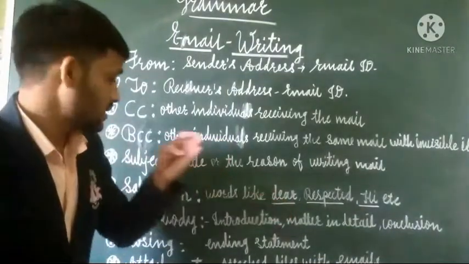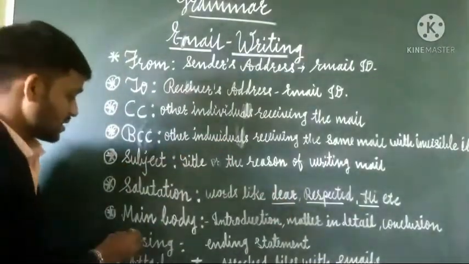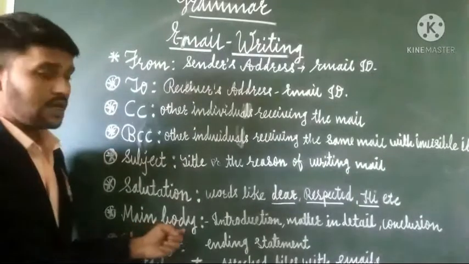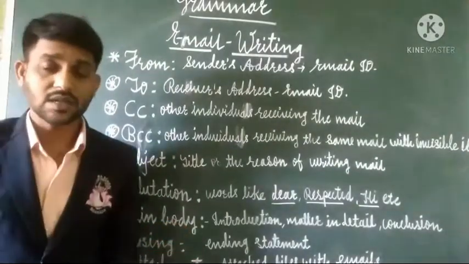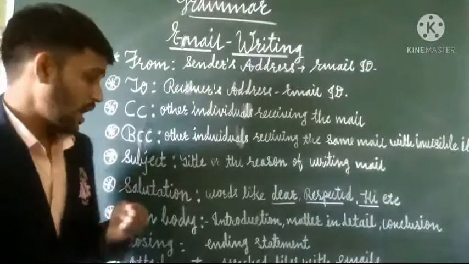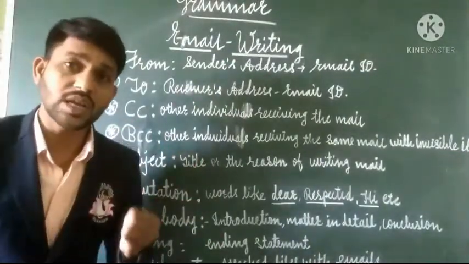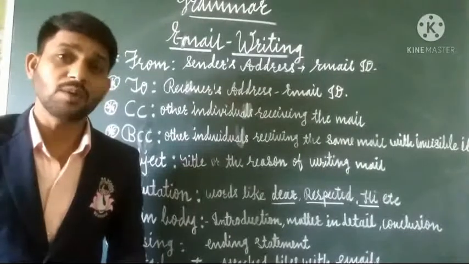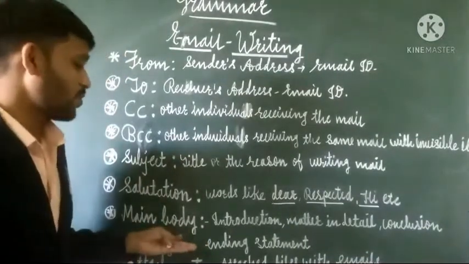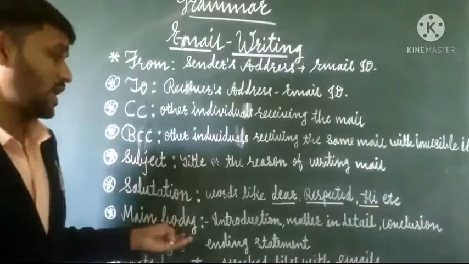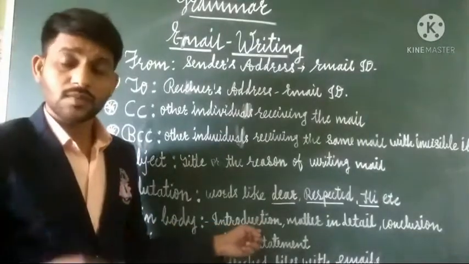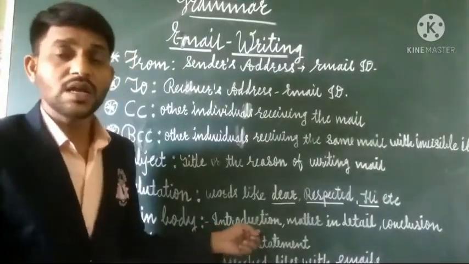Okay, right. Then the next point is the main body of your email. Three points come under the main body of our email. That can be the introduction of your email.